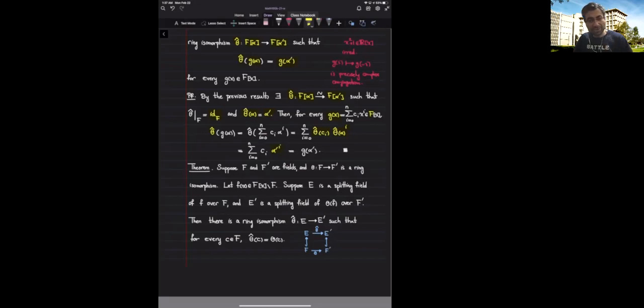So I'm not changing elements of the field F; in particular, theta hat of Ci is Ci. And what I'm getting is the polynomial G evaluated at alpha prime.